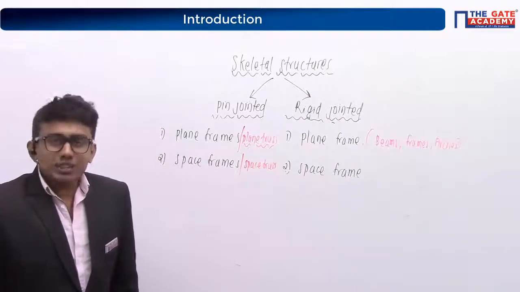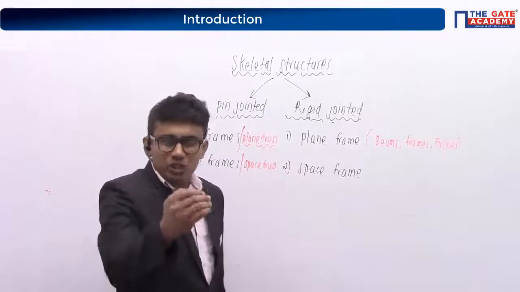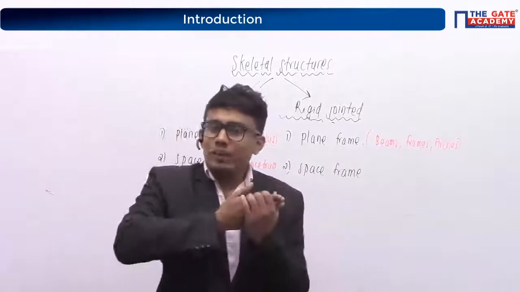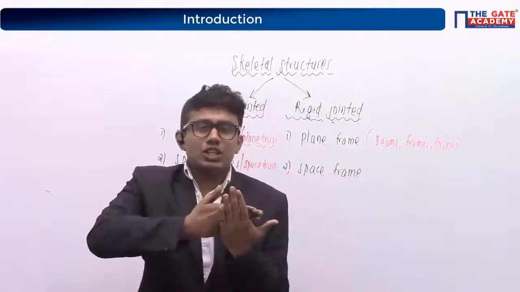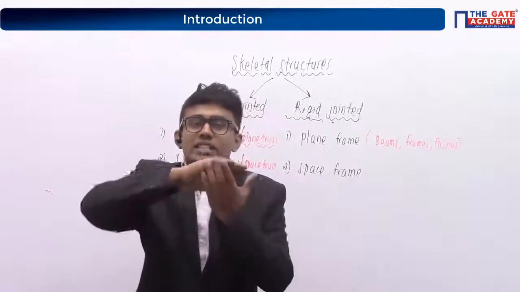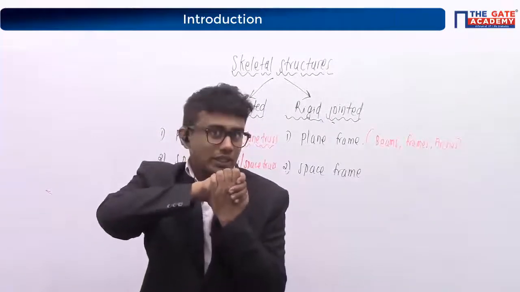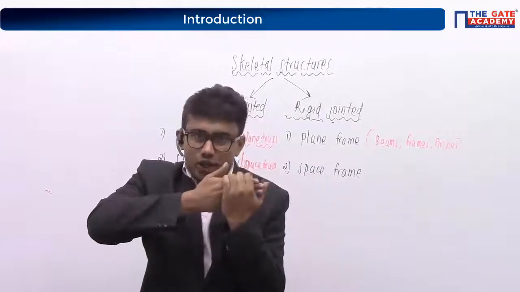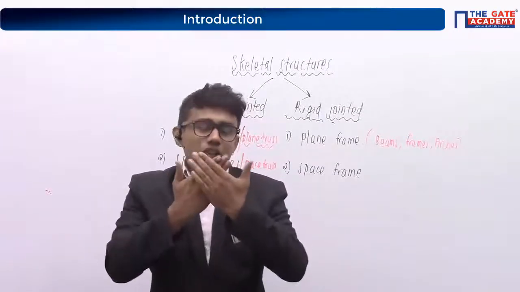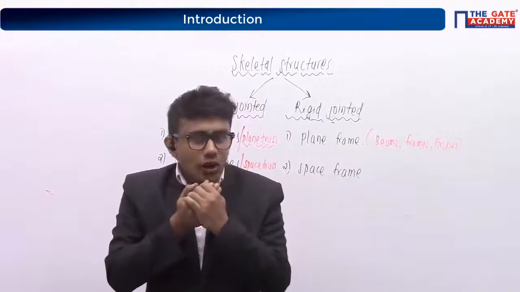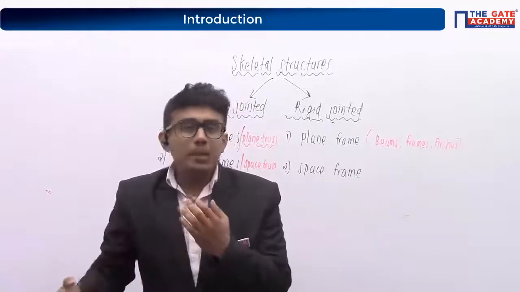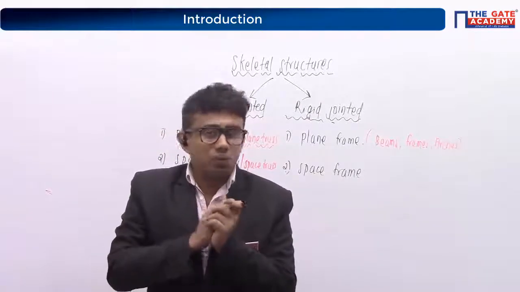One more thing I wanted to mention. We discussed about pin connection or pin joint, and we discussed about rigid joint also. One important point you have to remember: if there is a pin joint, the pin joint can transfer mainly axial forces.